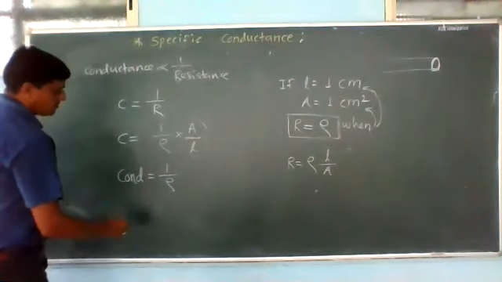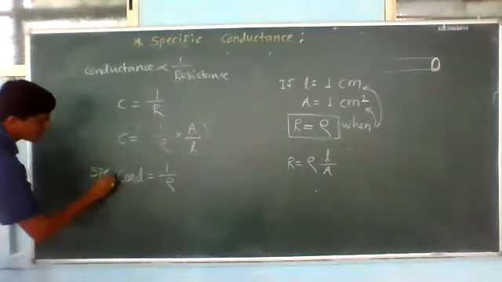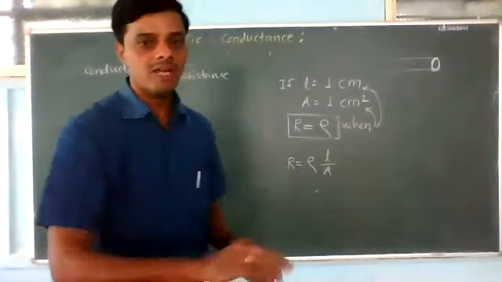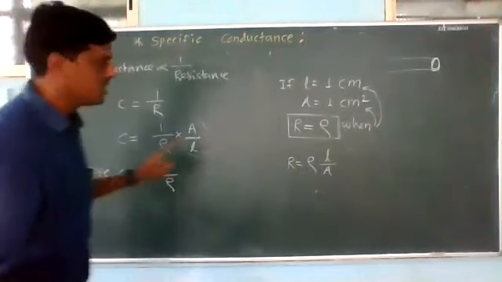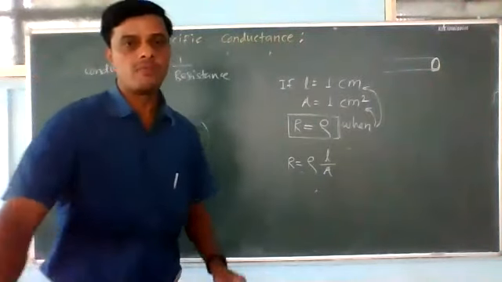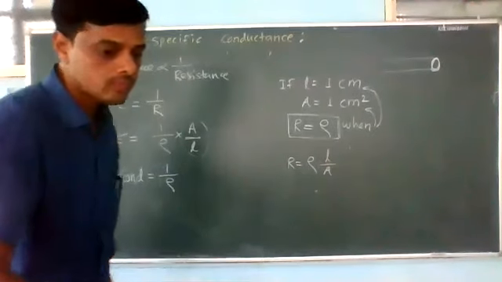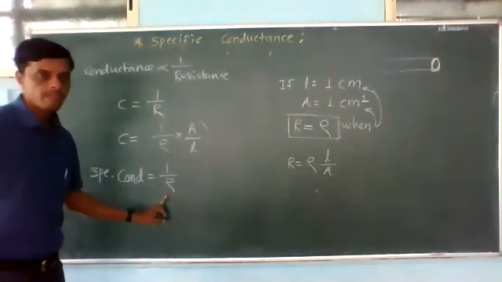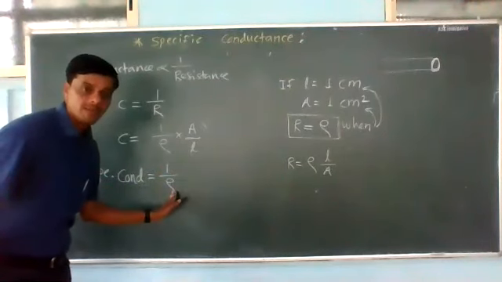Here we can say that specific conductance is inversely proportional to the specific resistance. What is the specific conductance? Specific conductance is equal to 1 by rho. That means specific conductance is inversely proportional to specific resistance.